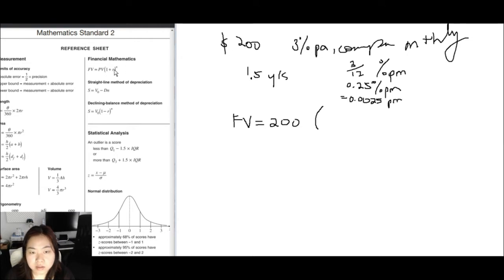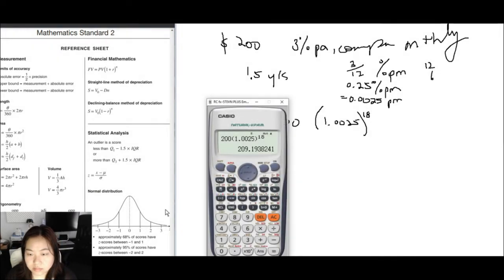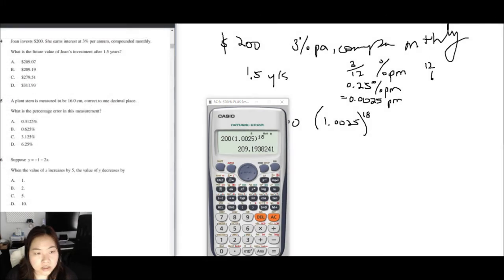So 1 plus the rate will be 1.0025 to the power of the number of months, which is 12 and 6, so that's 18. $209.19. Good. Okay, 4B.